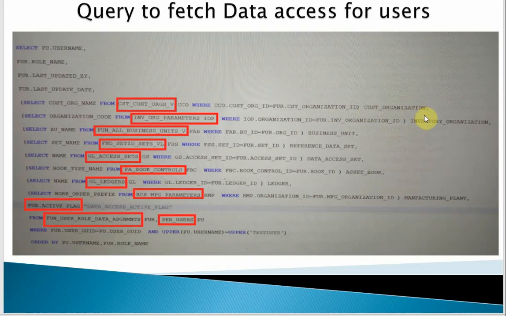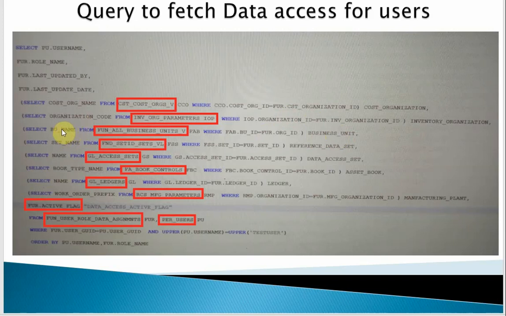In order to get the cost organization, the security context where I want to get the cost organization name, I have used the base table CST_COST_ORGS_V, and here I have linked the cost org ID of this table with the cost organization ID of the master table, that is the FUN_USER_ROLE_DATA_ASSIGNMENTS table.